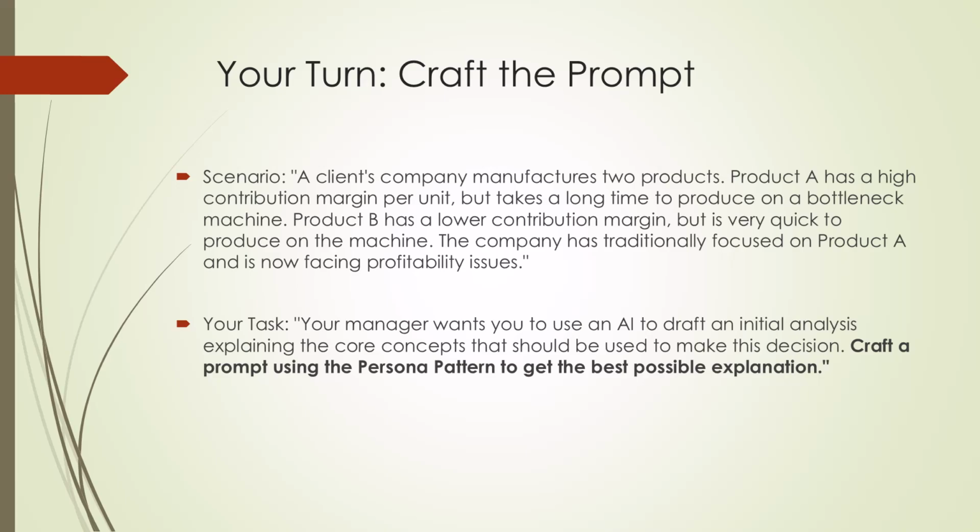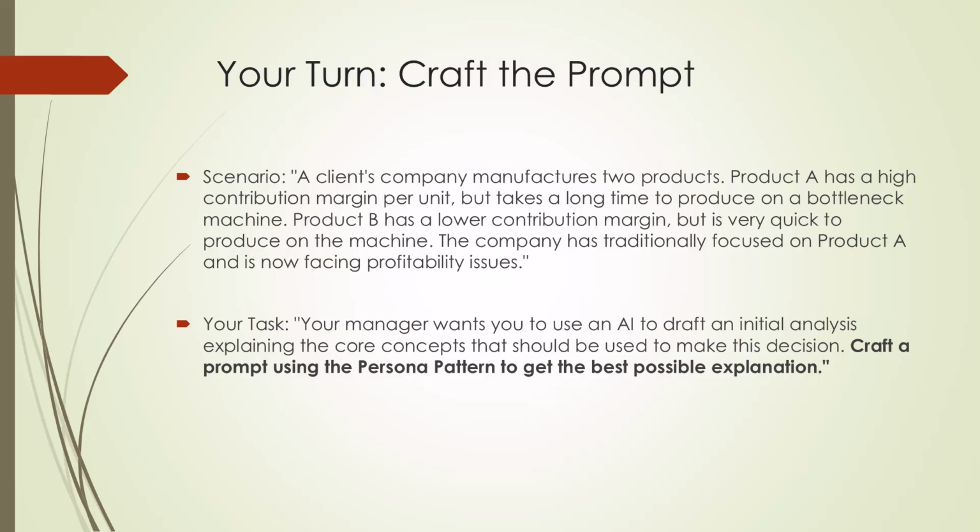Now it's your turn to put this into practice. Here is a scenario. A client's company manufactures two products. Product A has a high contribution margin per unit, but it takes a long time to produce on a bottleneck machine. Product B has a lower contribution margin, but it's very quick to produce on that same machine.